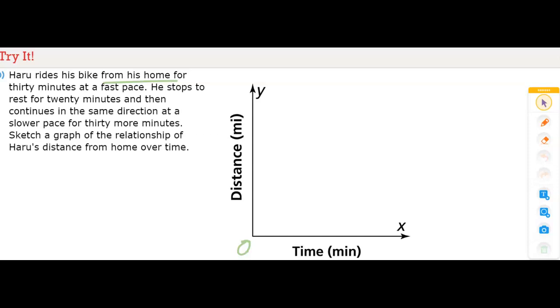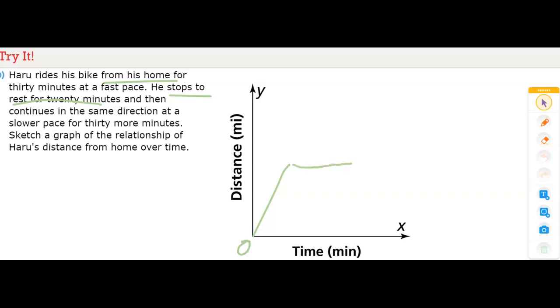So we should be going up really fast, so it'll be a high line using less time. That's why my line is going more like this instead of like that, because it says really fast. So we would need to go more straight up than to the right. So anyway, he goes fast for 30 minutes and then he rests.